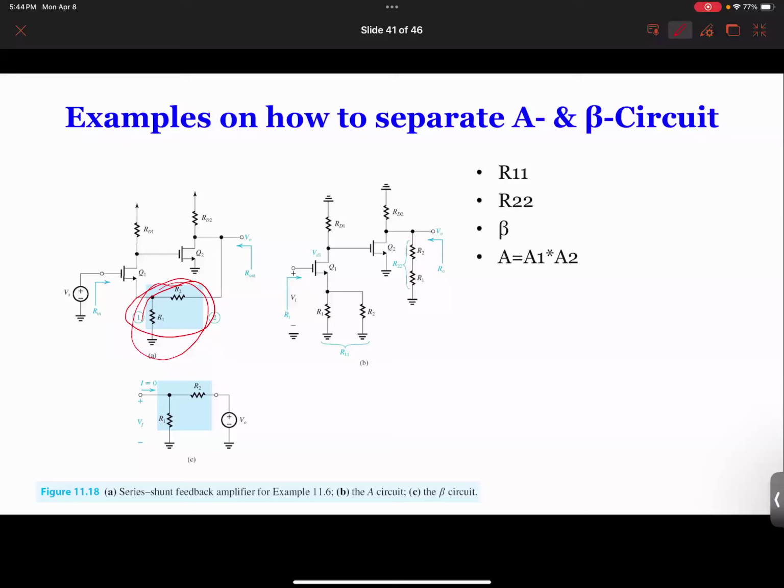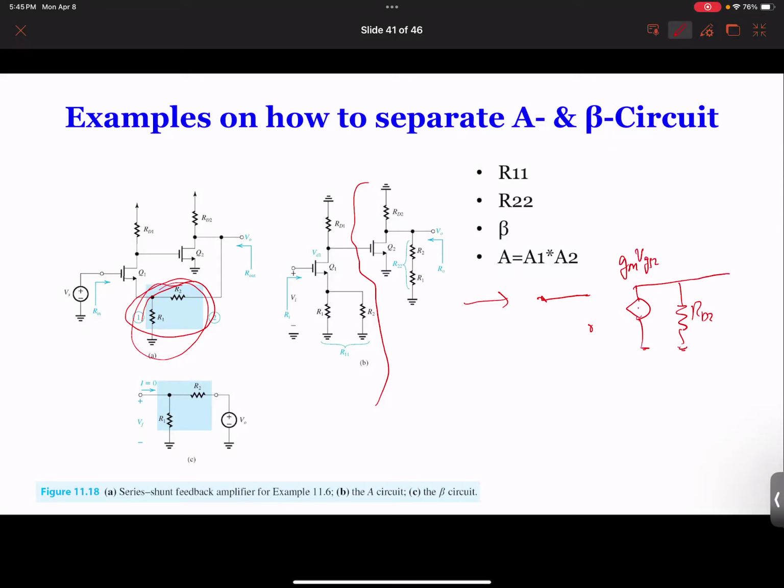And from here, you probably already know how to solve the circuit. For example, if you look at this part, we can draw the circuit using the T model, or you can use the pi model, it doesn't matter. The second one is probably easier, so let's do the second part with the pi model. So you have input here, and you have this RD2, and here you have gm times VGS2, right?